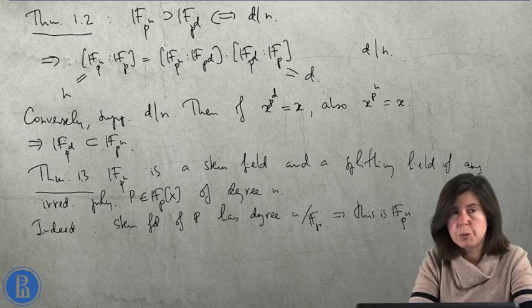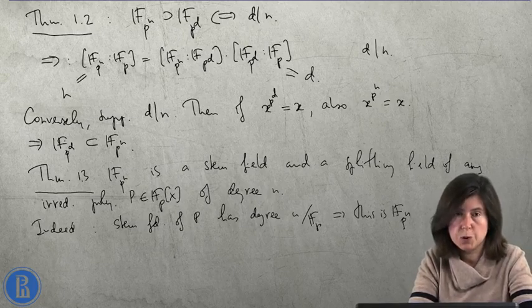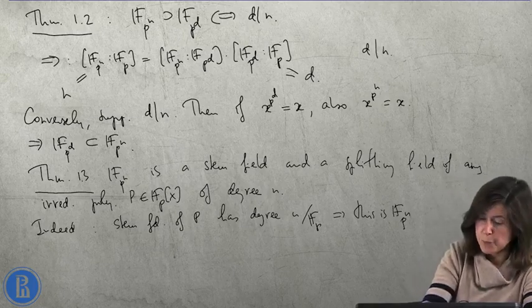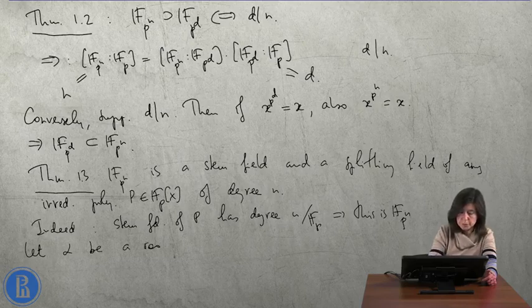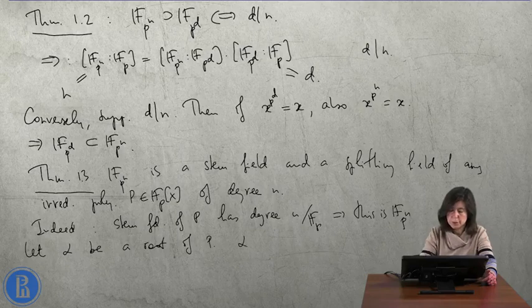Then the part about the splitting field can be shown, for instance, as follows. Let alpha be a root of P. So alpha is an element of F_{p^n}.